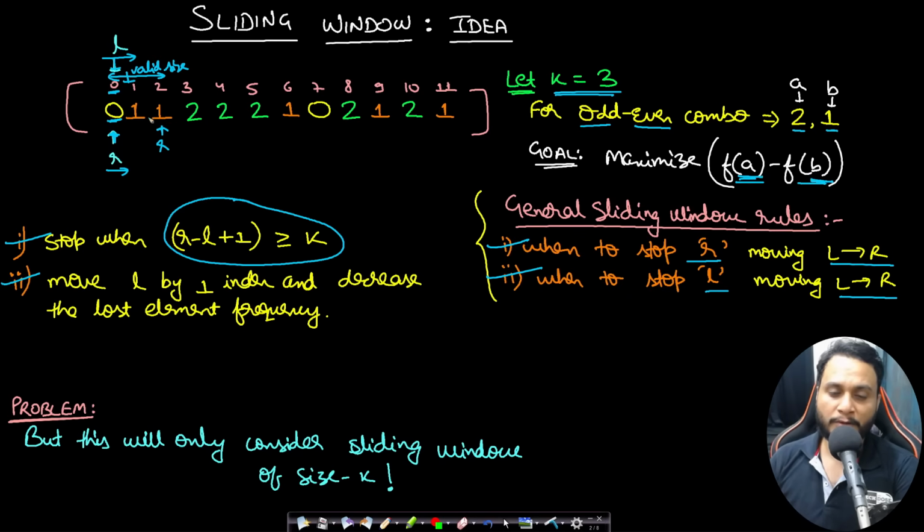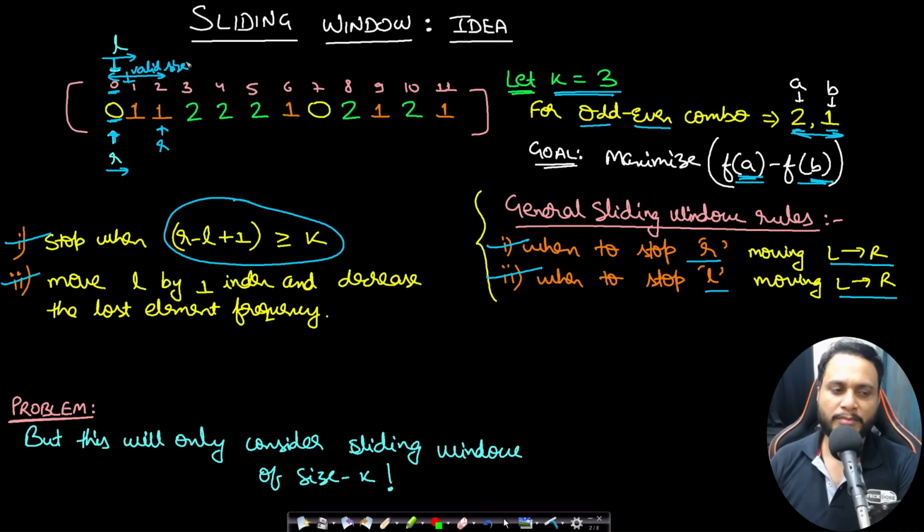But if it does not match with any of the a or b according to what combination we have taken, then it will not be affecting the frequency, and you can simply move the left pointer to the right hand side. So you need to keep a track of whichever element you are losing, is it affecting the frequency, then you update the frequency, right? So I think this simple approach is clear.